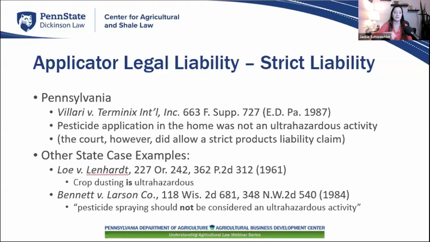A product can be found to be defective if it fails to come with warnings of foreseeable risks. So the application of the pesticide was non-hazardous, but the plaintiffs were able to argue that the product itself was hazardous, and so it still fell under the strict liability theory for products liability.